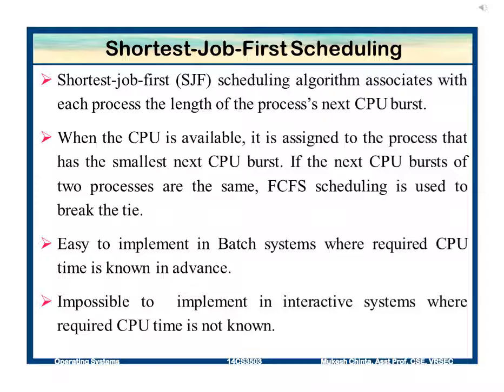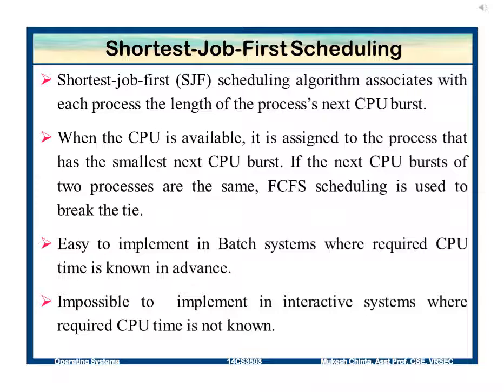By moving a short process before a long one, the waiting time of the short process decreases, and consequently the average waiting time reduces. In SJF scheduling, the process in the ready queue with the shortest expected processing time is assigned to the CPU next. SJF can be evaluated in two different manners.